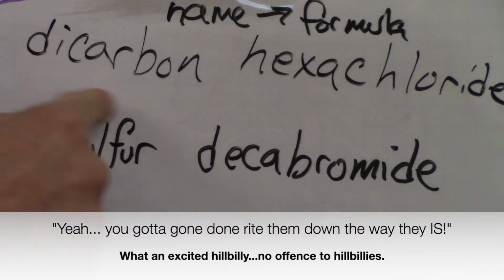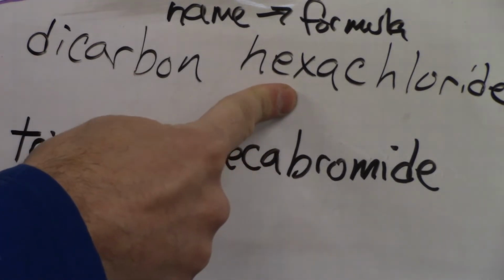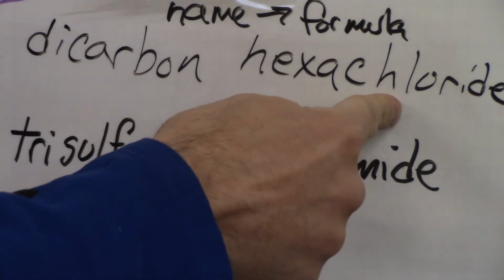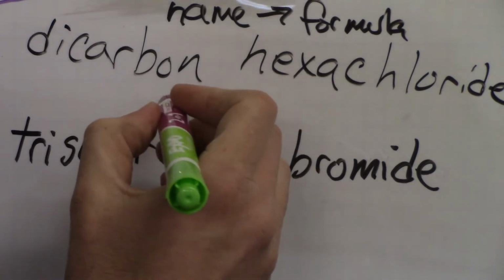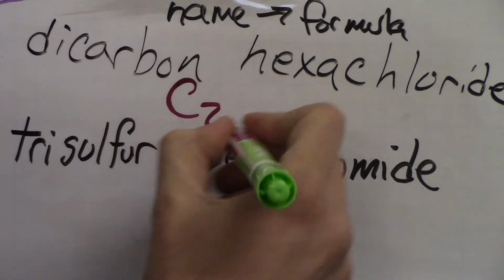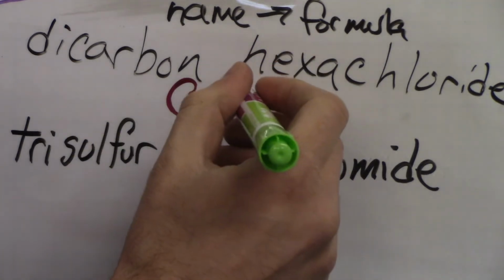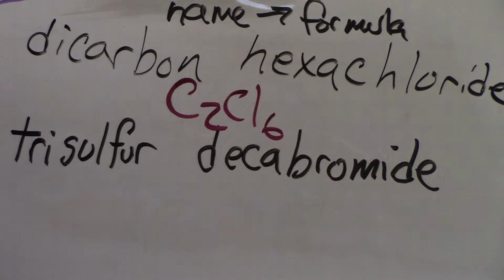Now, what does this mean? This means 2 carbons, hexa is 6, so 6 chlorines. 2 carbons, 6 chlorines, and you write the formula down. So, easy. Dicarbon, so that's C2, hexachloride, Cl6. So C2Cl6.